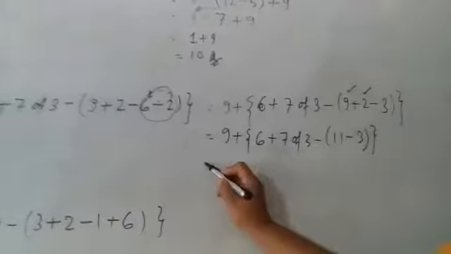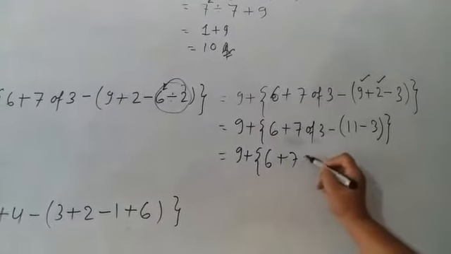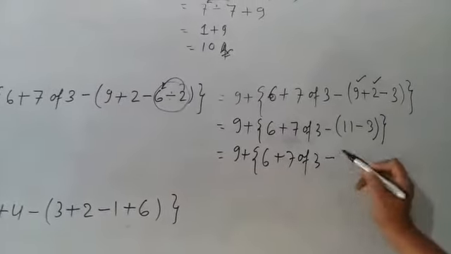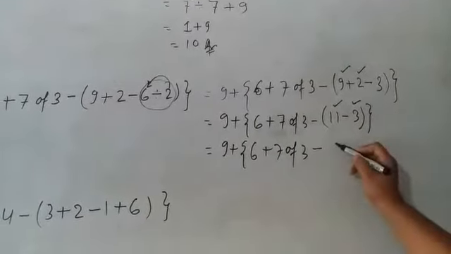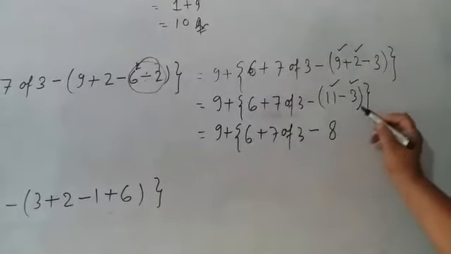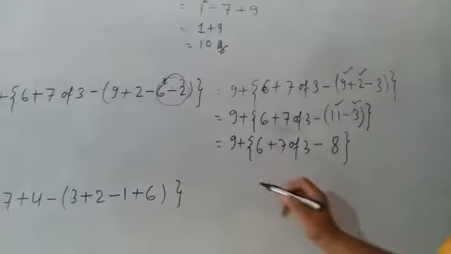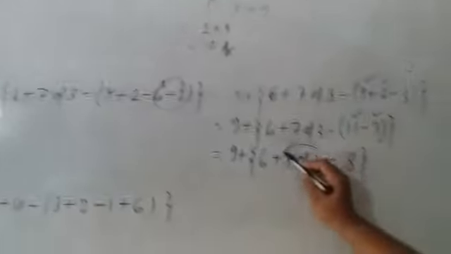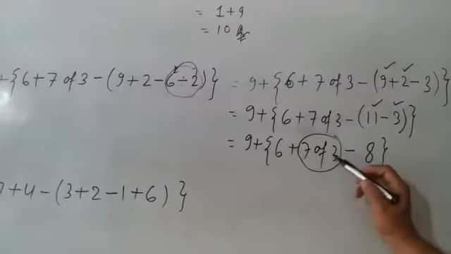So my dear students, here 9 plus curly bracket 6 plus 7 of 3 minus, here we do it, that's difference. 8 difference is equal to positive 8, and small bracket is omitted. Now curly bracket is closed. So in curly bracket we are doing first of all multiplication.